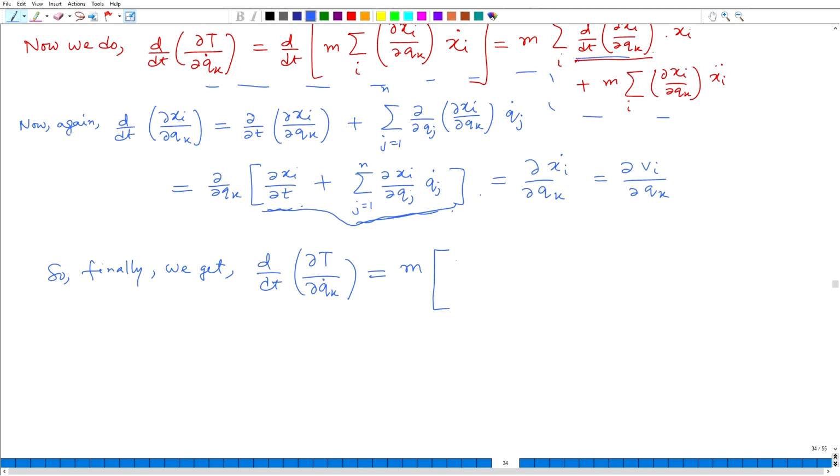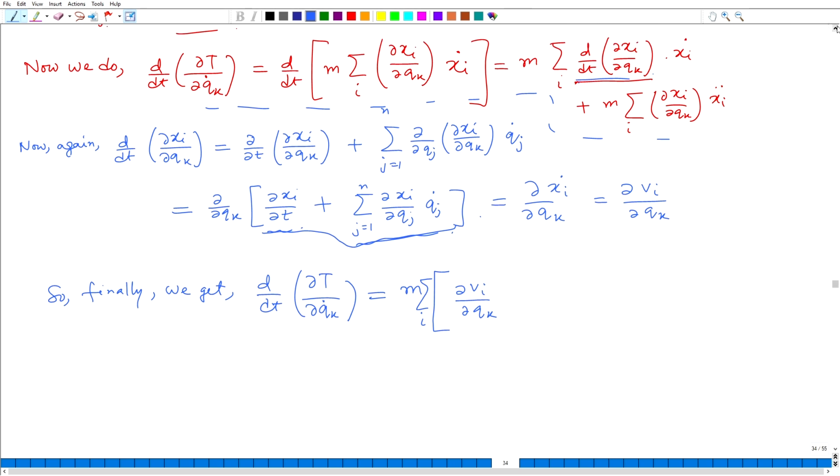Summation over i, m times ∂v_i/∂q_k times v_i, because ẋ_i is v_i, plus m ∂x_i/∂q_k times ẍ_i. Let me check if this is correct.